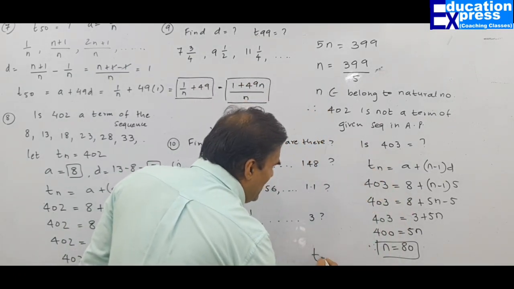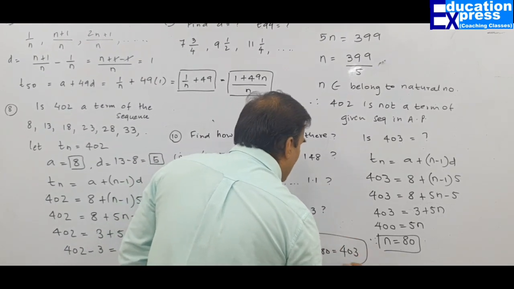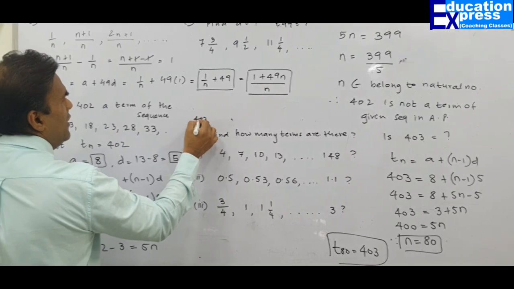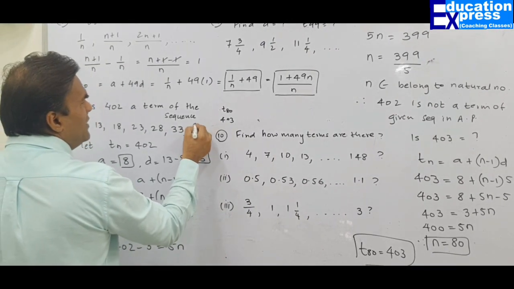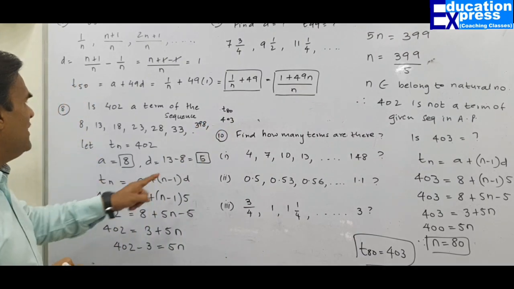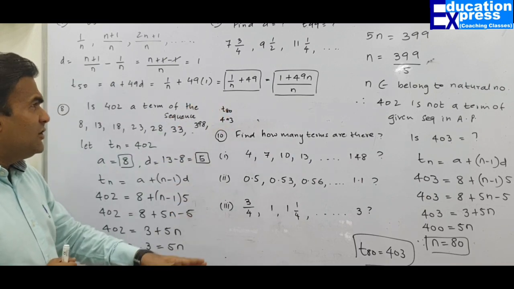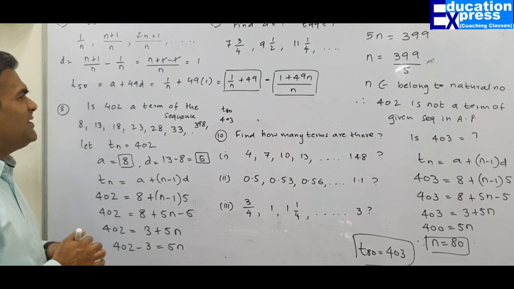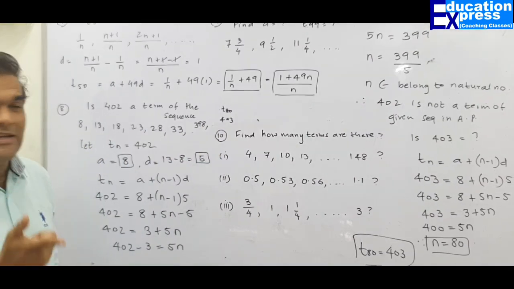That means T80 would be 403. If 403 would be the 80th term, the 79th term would be 398 because the difference is 5. So you know the 79th term, 80th term. So the number 402 must have been somewhere in between, which will not belong to this particular series.